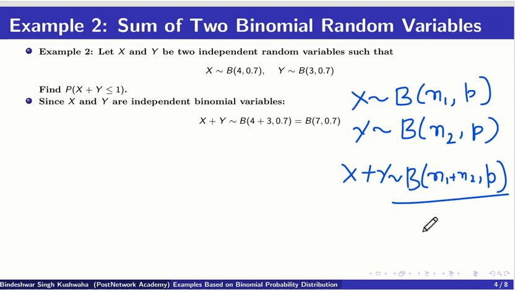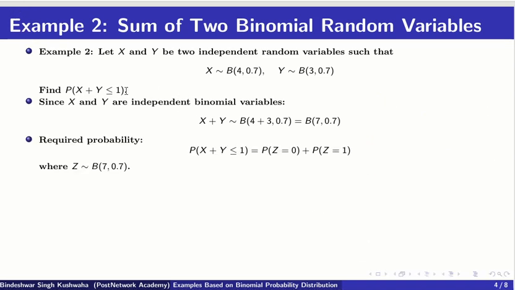So let's see further. What will happen? Basically it is asking for the required probability, x plus y is less than 1. So P(z = 0) plus P(z = 1), where z is x plus y.